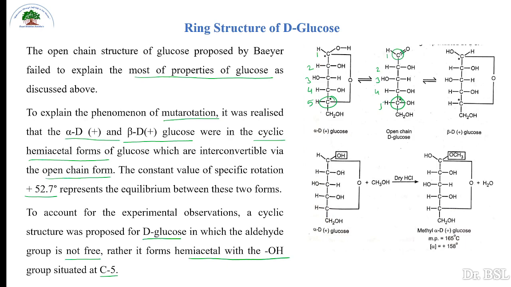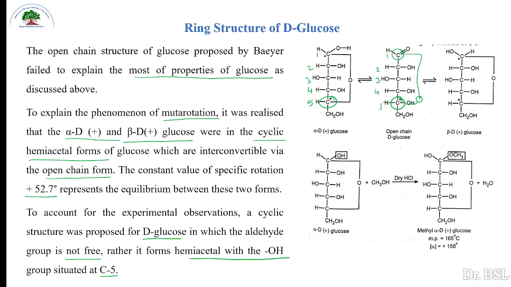So this first carbon, the carbonyl carbon, forms a hemiacetal linkage with the fifth carbon, and it forms the cyclic structure of D-glucose.